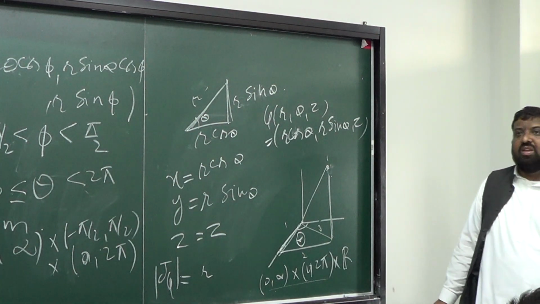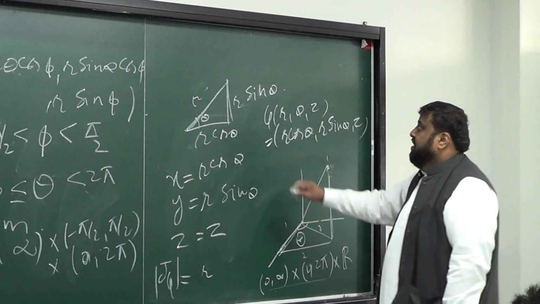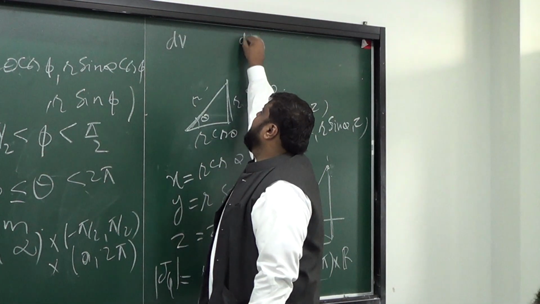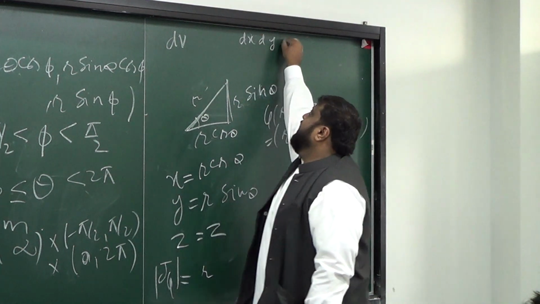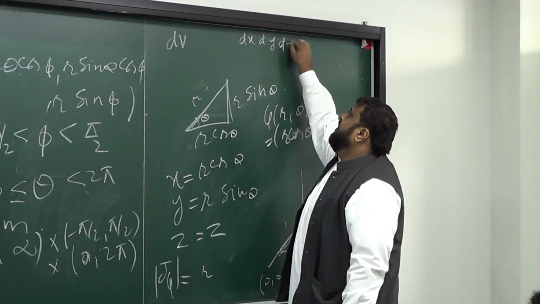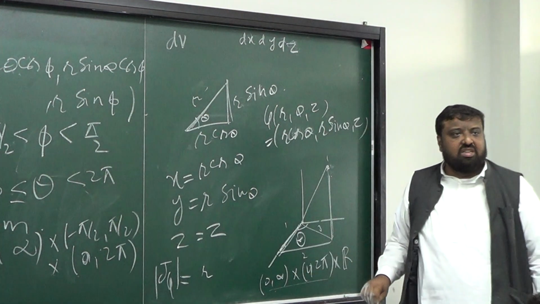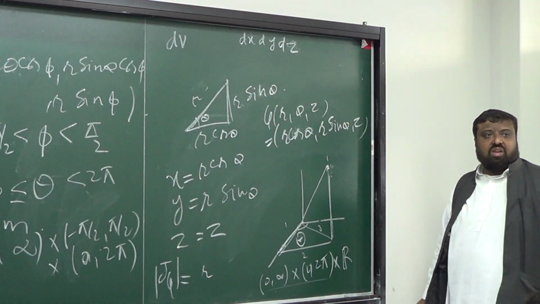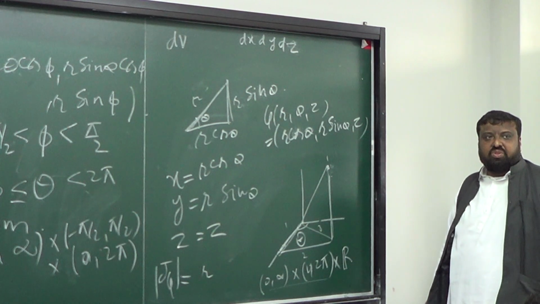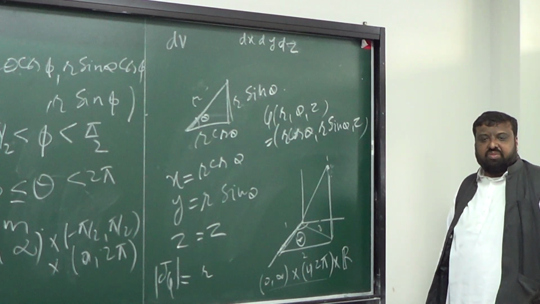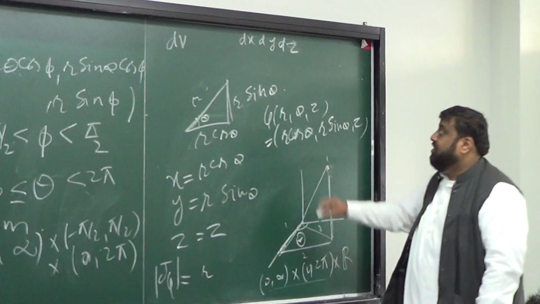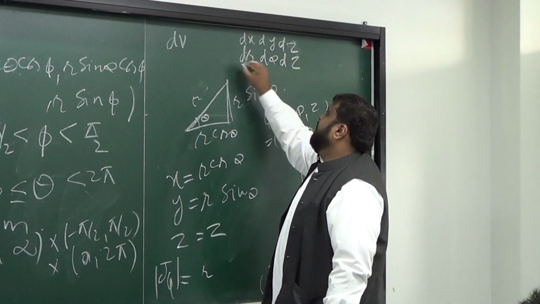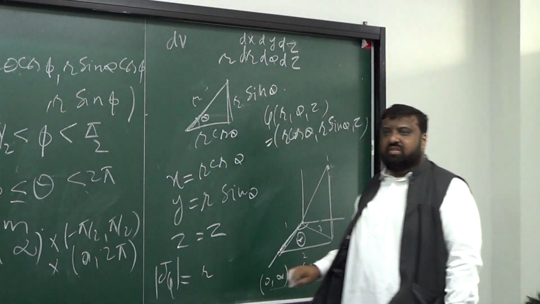Okay. Question. How would the volume be related in this case? So the dV I know in rectangular coordinates is dx, dy and dz. And in cylindrical coordinates it is going to be dr, d theta, dz, but you need to multiply with r.